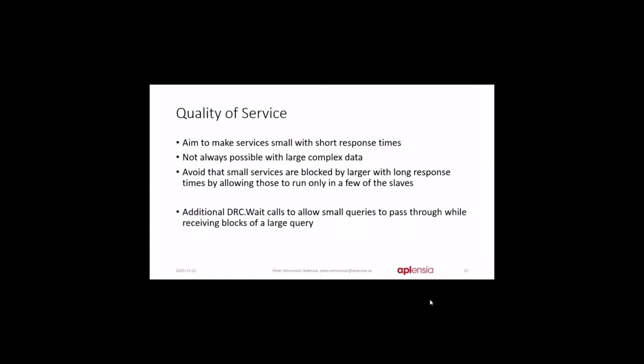And another thing that we recently came across was that when we have a large arriving query, the DRC wait loop would keep returning all the blocks of that query rather than let any other small queries arrive through before it had completely processed that large request.